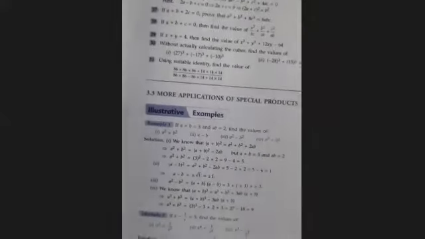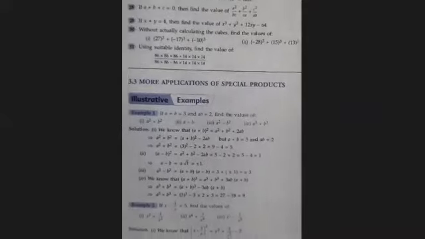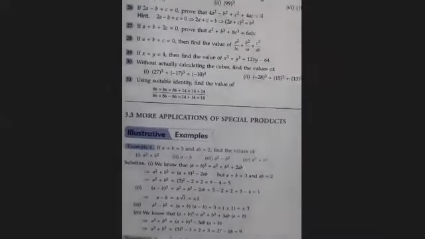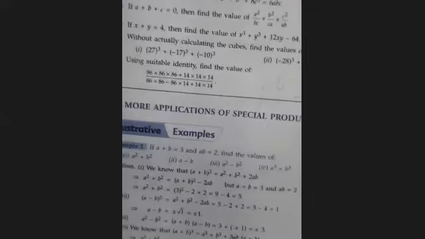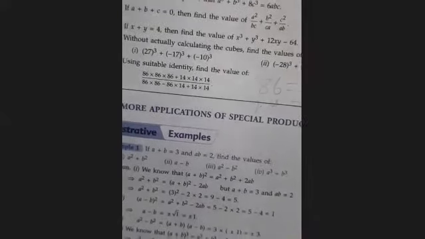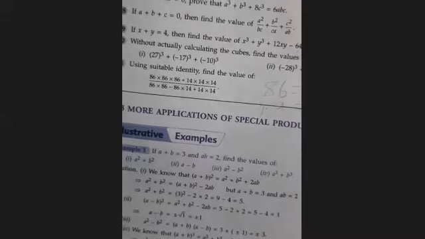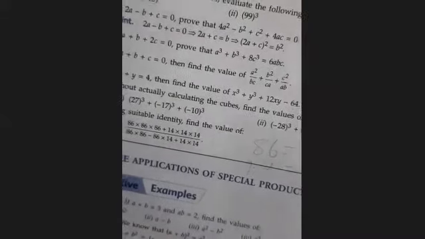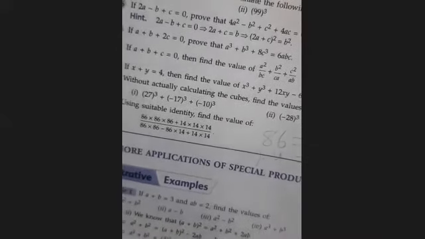Here 86 into 86 into 86 plus 14 into 14 into 14. So you take 86 equals A and 14 equals B. What will you get in the numerator?